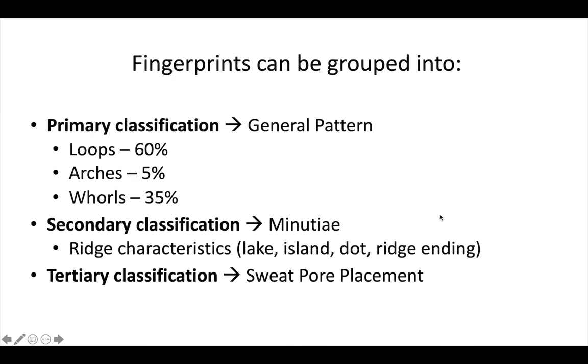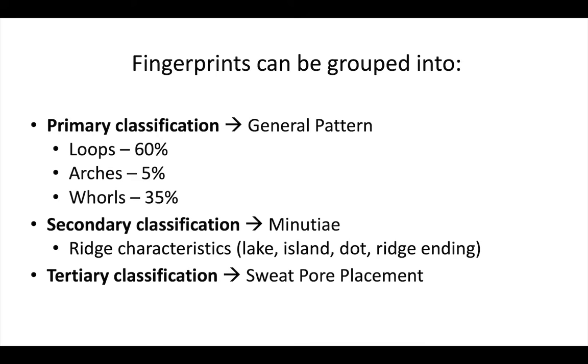The secondary classification are what we call minutiae, or ridge characteristics. I see all these different kinds of lines, but I also see little dots and islands and lakes, bifurcations. Those are called ridge characteristics, or minutiae. And third, we have tertiary classifications, and these are the sweat pore placements.